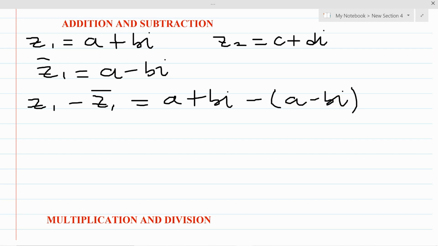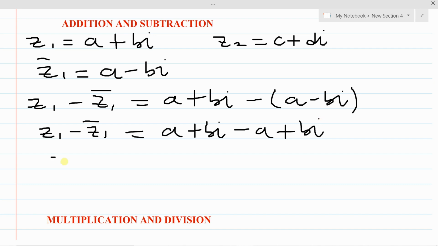So z1 minus z1 bar is equal to a plus bi minus a, plus, because the negative goes into this and becomes plus bi again. Now a minus a becomes 0, so bi plus bi, I get what? 2bi. So whenever you subtract a complex number and its conjugate, you always produce a purely imaginary complex number.